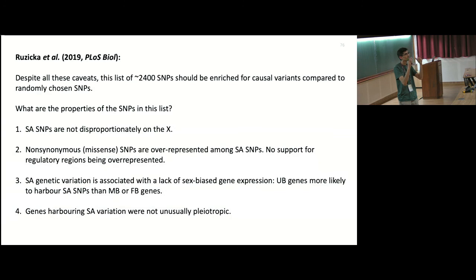Not that you would actually want a different protein sequence in one sex than another. And bearing all the caveats I said earlier in mind, that's not what they see.